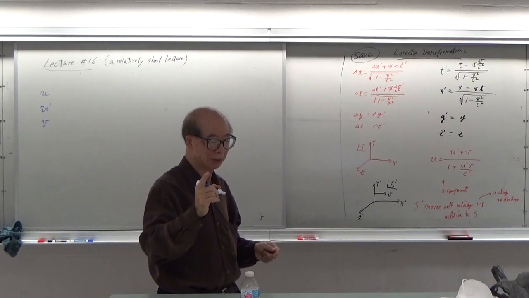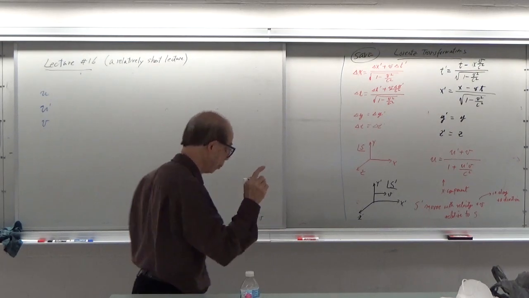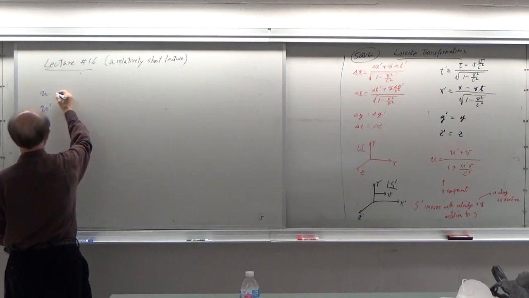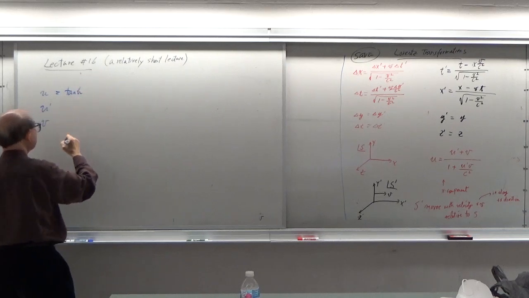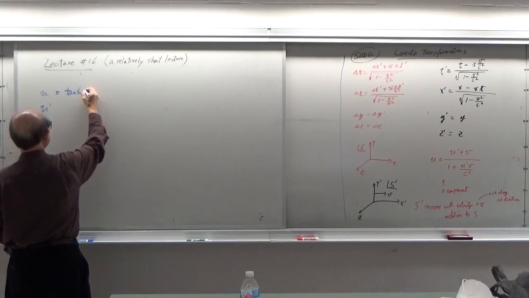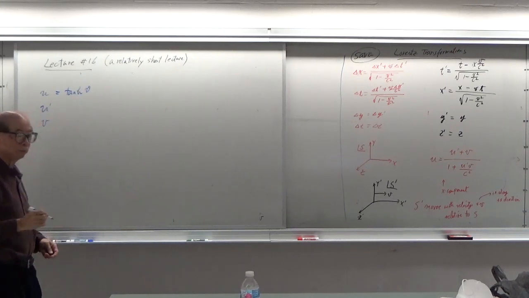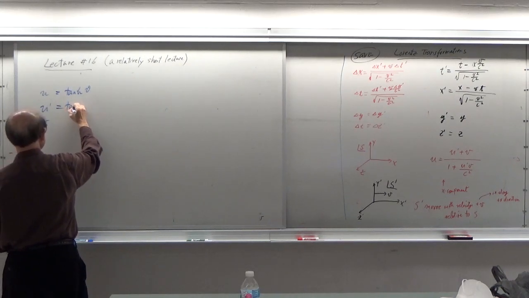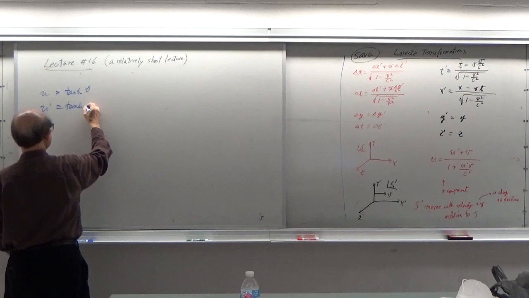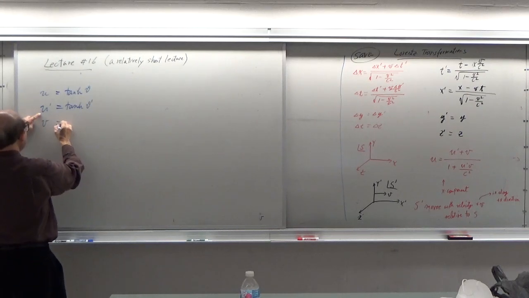I'm going to remind you what hyperbolic functions are in a moment. Okay. Let's define this to be the hyperbolic tangent function of a parameter called theta, and this one, the hyperbolic tangent of an angle, theta prime.